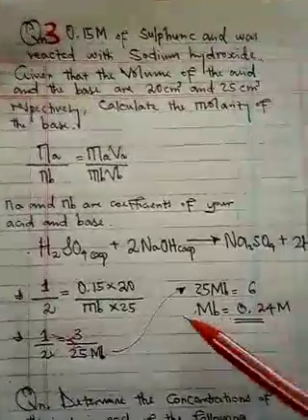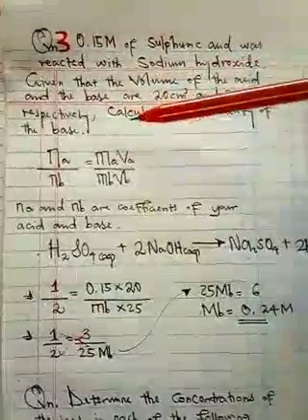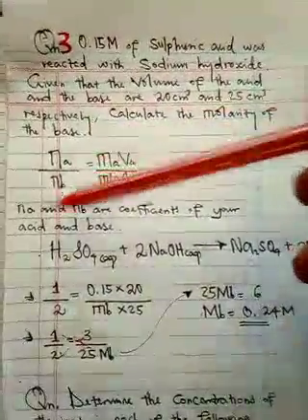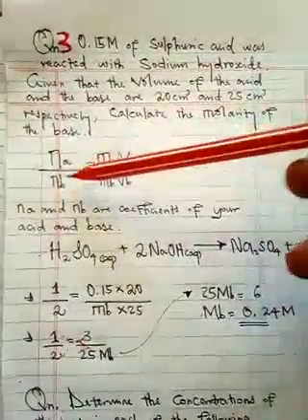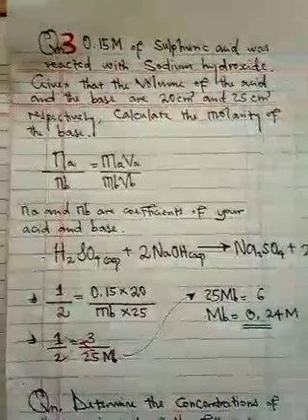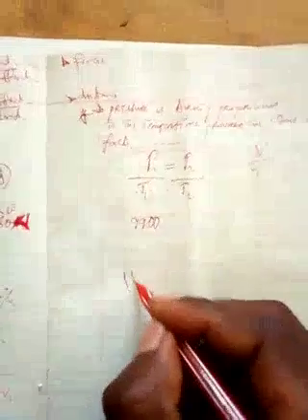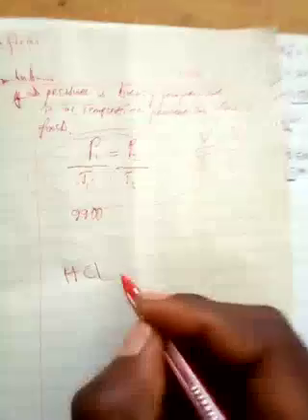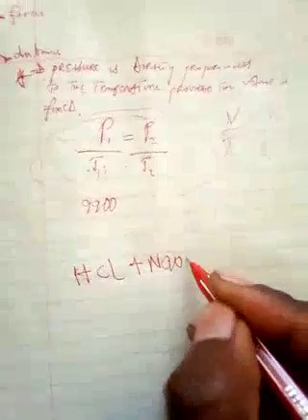So if you see that the mole ratio or the stoichiometric coefficients of the acid and the base are different, it's okay. You can use your Na over Nb is equal to MaVa over MbVb. But let's take, for instance, maybe say you were reacting hydrochloric acid with sodium hydroxide.